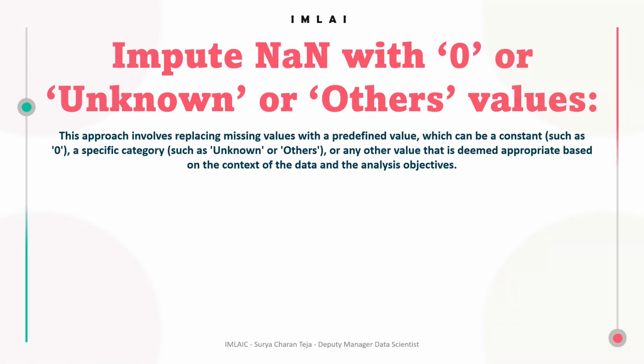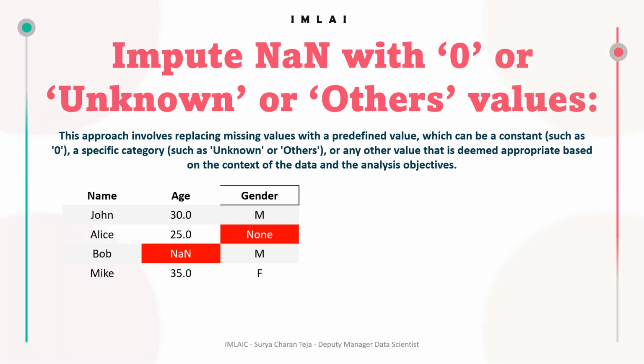So for example, in a data set of customer information where a certain attribute such as income is missing for some records, imputing the missing values with a value such as unknown or others can be useful to retain the integrity of the data set and allow for further analysis or modeling.